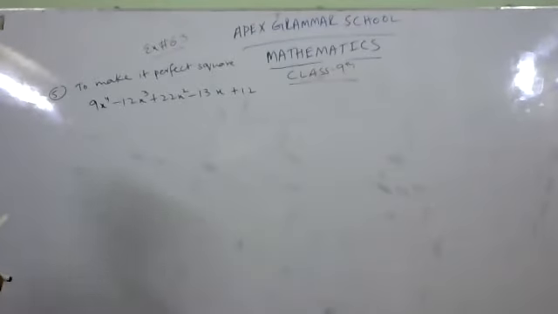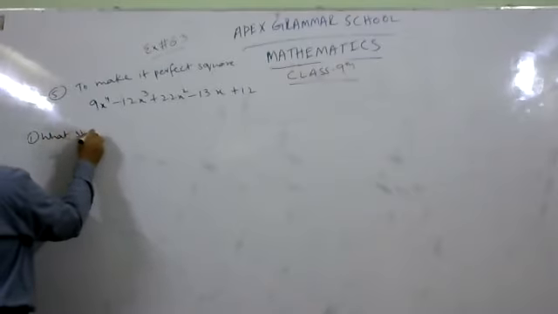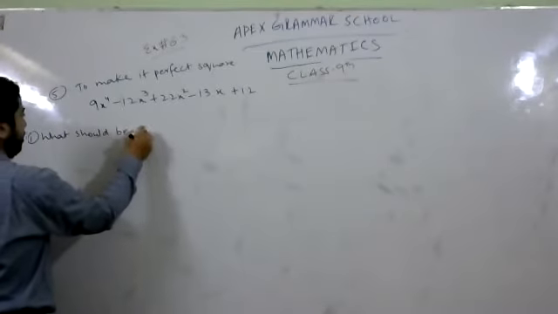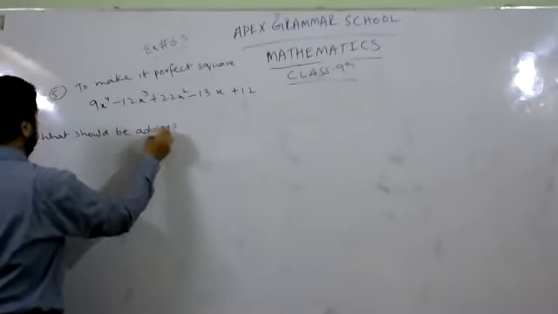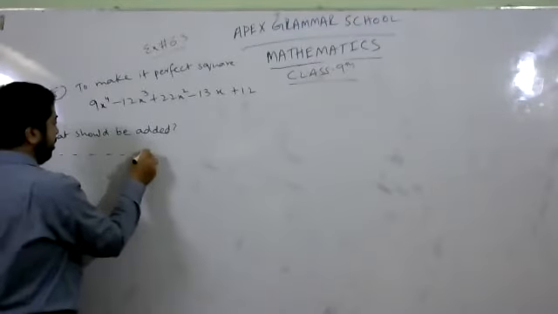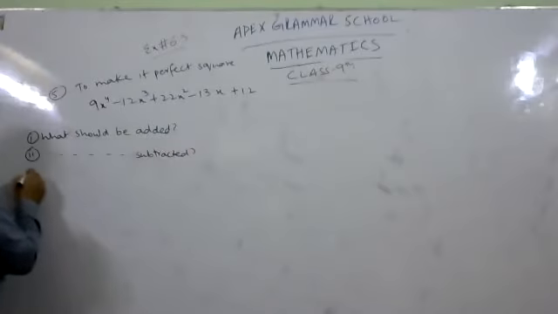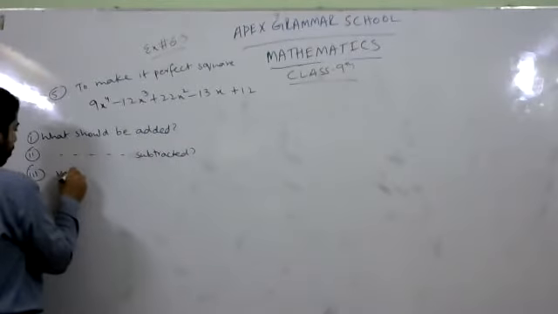The first is what should be added? Second is what should be subtracted? And the third is the value of x.